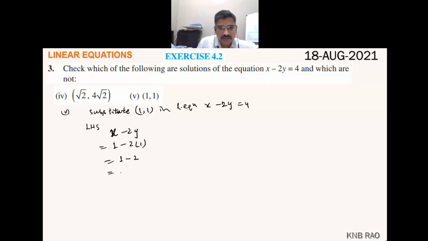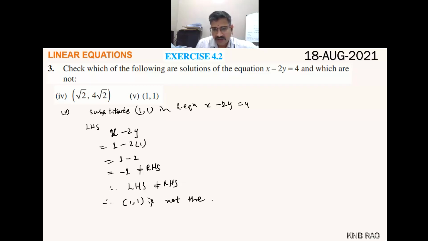So 1 minus 2 is minus 1, which is not equal to RHS. So what do you conclude now? Therefore, LHS not equals to RHS, and therefore 1 comma 1 is not a solution of the equation x minus 2y equals 4. This is how we solve.